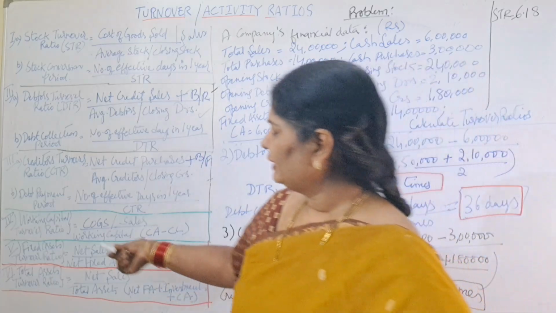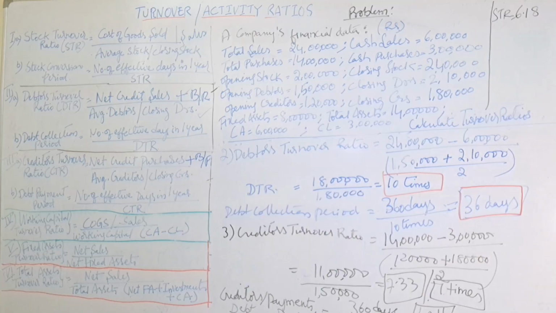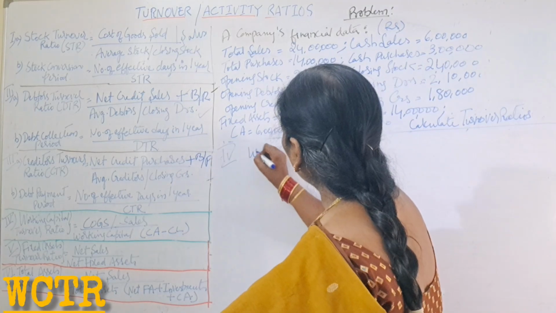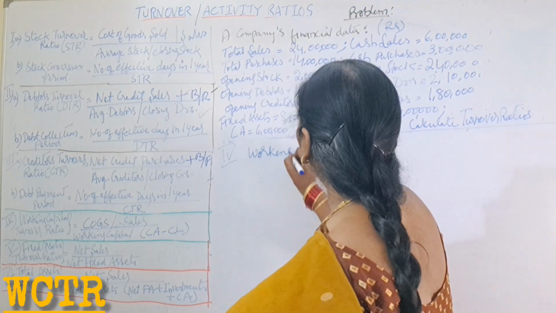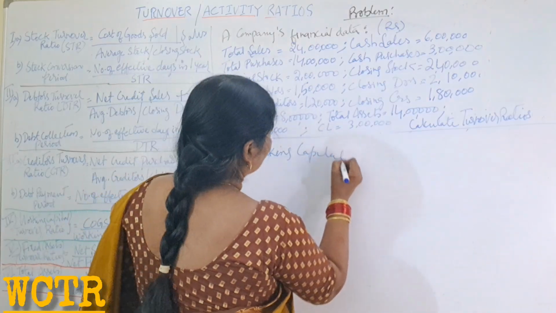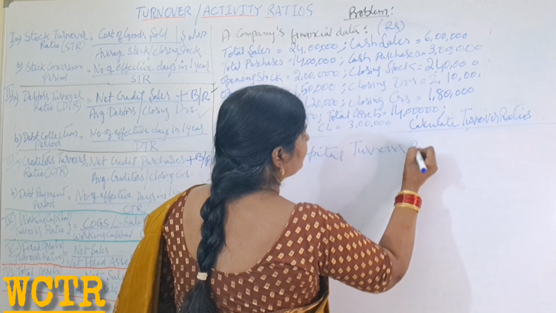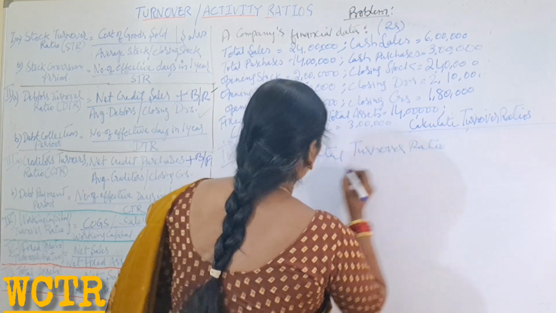Fourth one, that is the working capital turnover ratio. What is the formula?